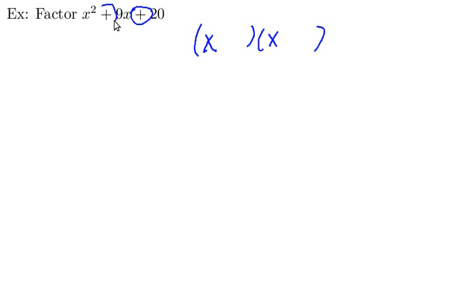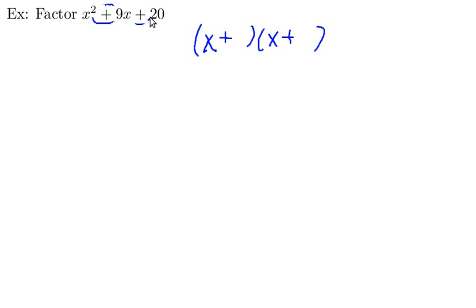And this plus in the middle tells us that they're both going to be positive. So just to reiterate, if this sign here is positive, then they're both going to be the same. If this term is plus, then they're both going to be plus. If this term is minus, then they're both going to be minus.